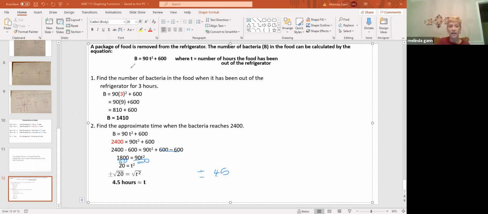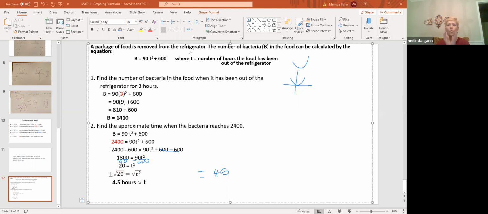Now, do you understand if I told you to graph this? That's a basic shape. I've got a squared, so I would know that I'm going to have some kind of parabola, but it's not going to be here. They're going to take this parabola and it's going to be shifted way up here because I'm adding 600 to it.